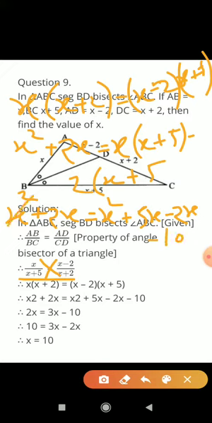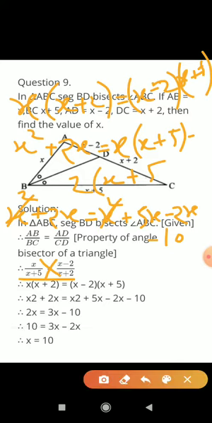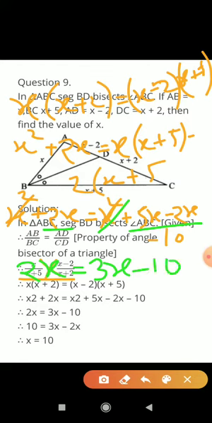Now this x square and x square get cancelled, then the remaining part is this 2x. So here I write 2x is equal to, on the right side x square gets cancelled, so the right side is 5x minus 2x. So 5x minus 2x, 5 minus 2, here 3x, and minus 10.